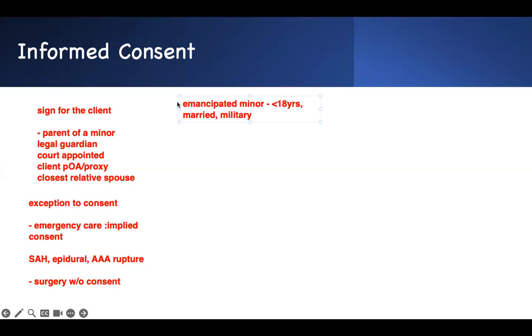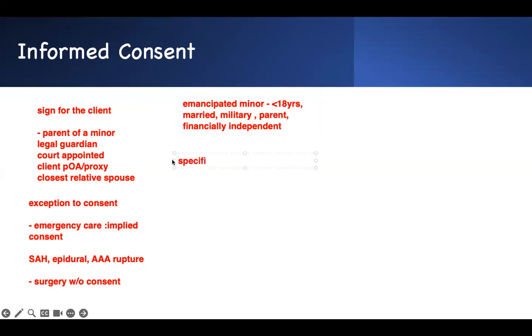You are married less than 18, you are in the military, or you are a parent less than 18, right? You are financially independent from your parent, you are good. You can sign consent for yourself. Less than 18, married, military, parent, you have a baby, financially independent, you can sign consent for yourself.